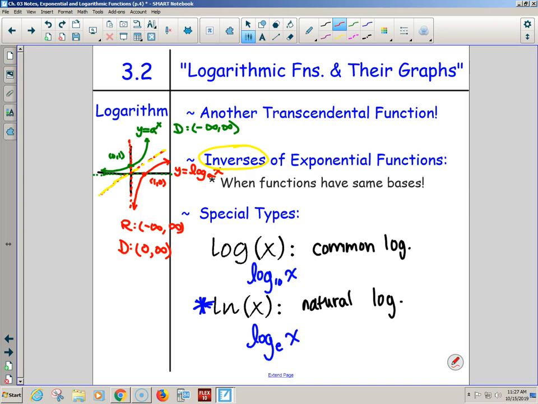Oh, all the x's and y's switch. So if this guy had a y equals 0 asymptote, this guy's going to have an x equals 0 asymptote. But instead of being horizontal, it flipped. It's going to be vertical. So logarithms have a vertical asymptote at x equals 0 the same way that exponential functions had a horizontal asymptote at y equals 0.